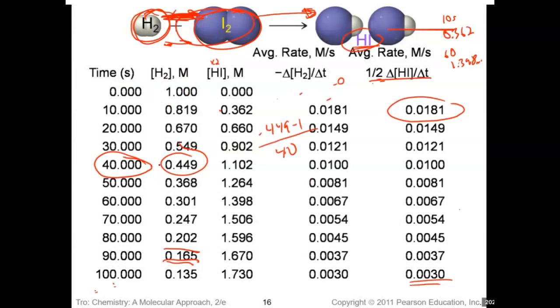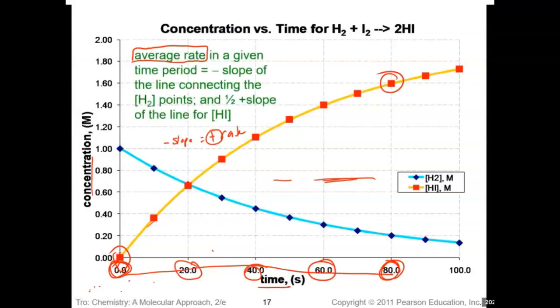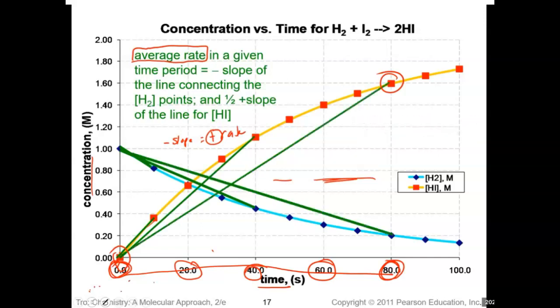Average rate is the change in our concentration over the change in time, just like we did with our slopes.